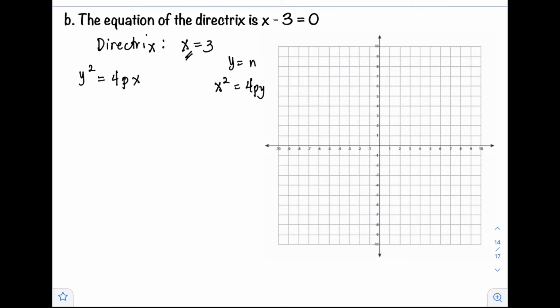But since our given directrix is in x, we use this standard formula.